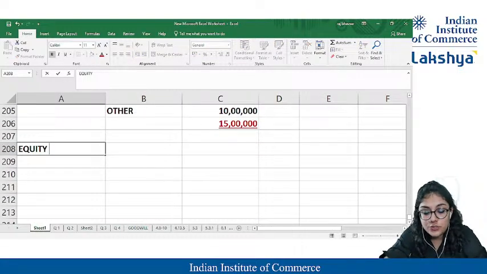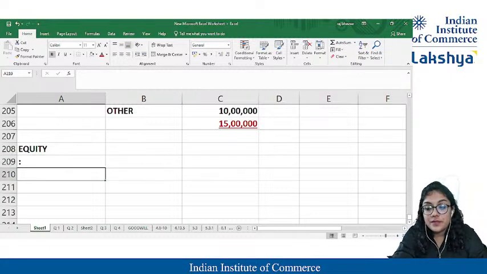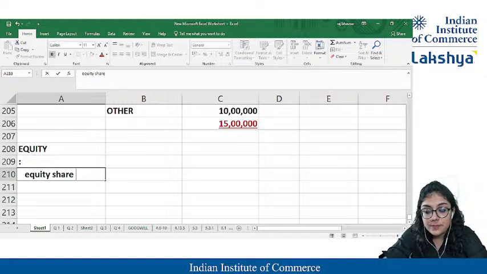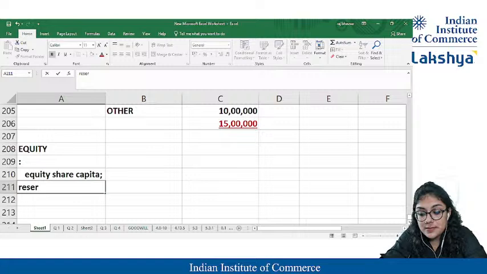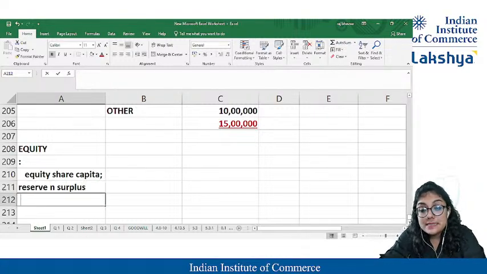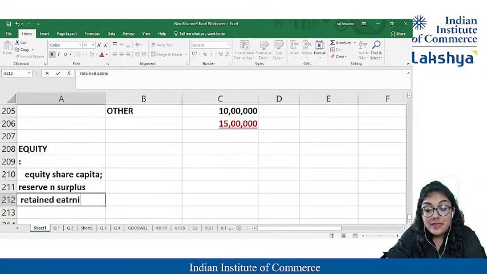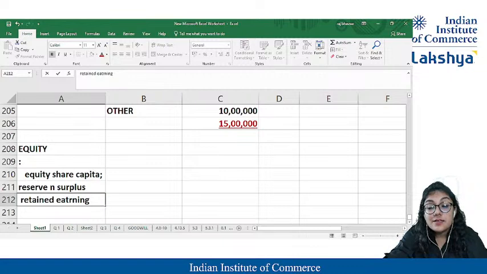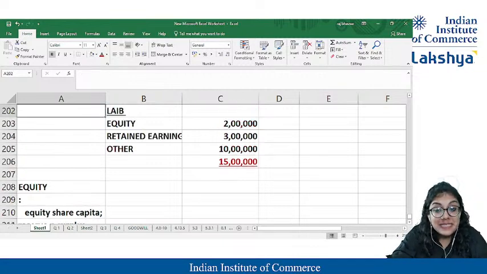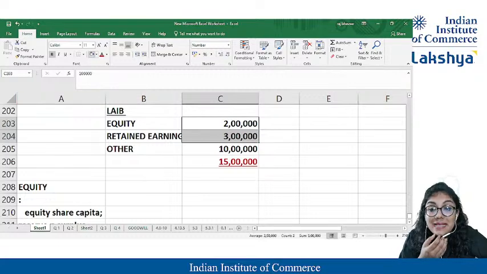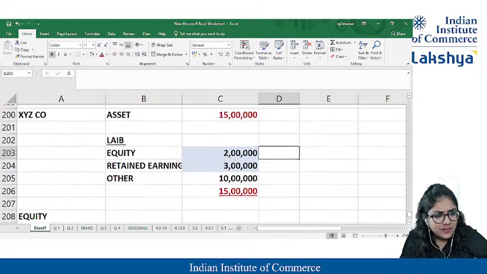If I check, it could be equity share capital, then reserves and surplus, then some retained earnings. If there are any dividends, we need to remove them. That means initially when I have to make them a payment, I have to make a payment for 2 lakhs and 3 lakhs.